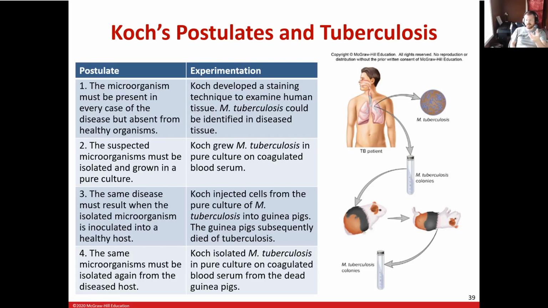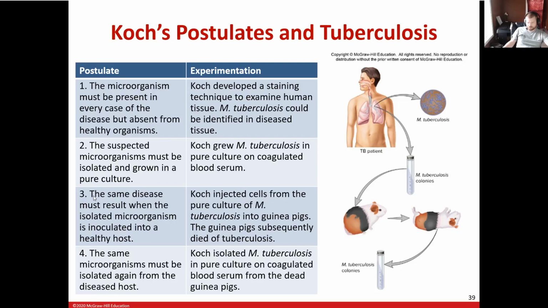So when you see bacteria maybe growing in a petri dish or growing in a broth, we can't do that with most bacteria, and so that presents another little problem here with his postulates. But again, given the time he came up with these ideas, it's a pretty good way to test things.